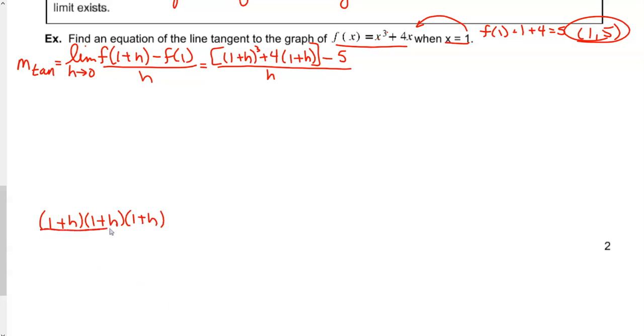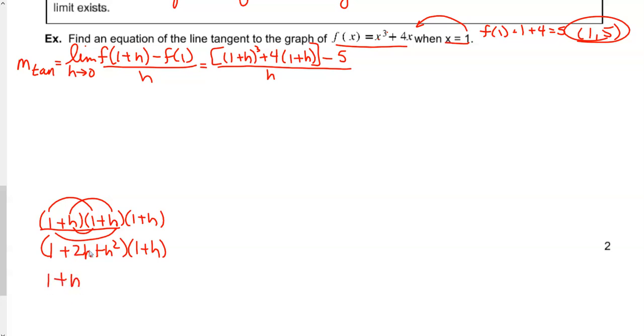So I'm going to multiply this first. So I get first, which is 1. Outside is h, inside is another h, so I get plus 2h plus h squared that I now have to multiply by a 1 plus h. So I'm going to take 1 times each of those, so I get 1 plus h.